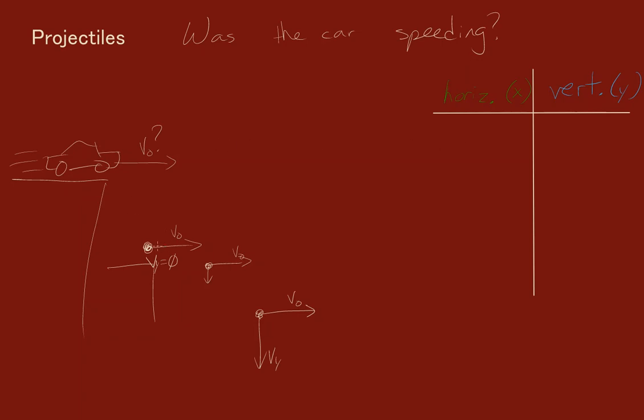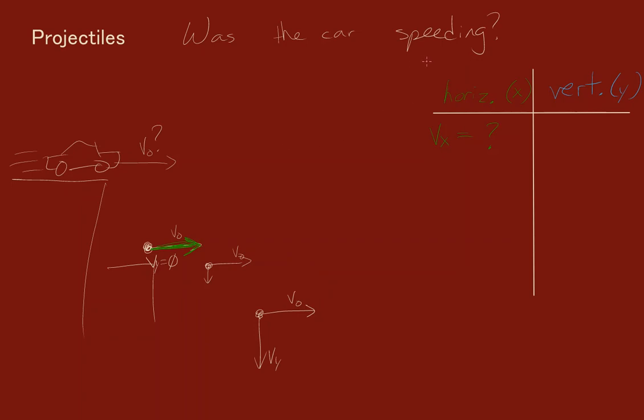So hopefully right away we can see that what we are asking for is the horizontal velocity of the car. Now, the reason why I'm keeping these separate is because we have 2 different motions. In the horizontal axis, we have a constant velocity.